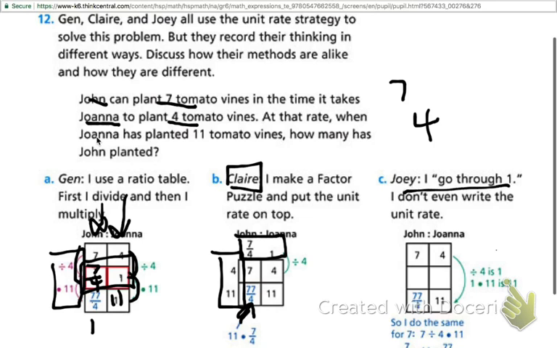I can go through 1. I don't even have to write the unit rate. Divide by 4 is 1. 1 times 11 is 11. So what he's saying is he doesn't even have to bother with filling this section in, because he knows it's going to be 7/4. So then he just takes 7/4 and multiplies it by 11.